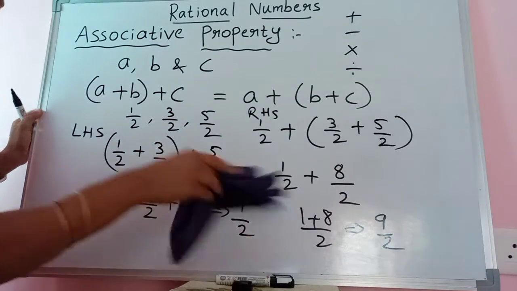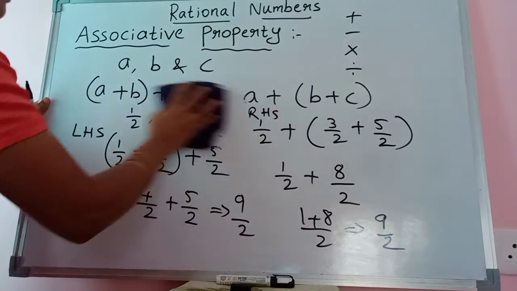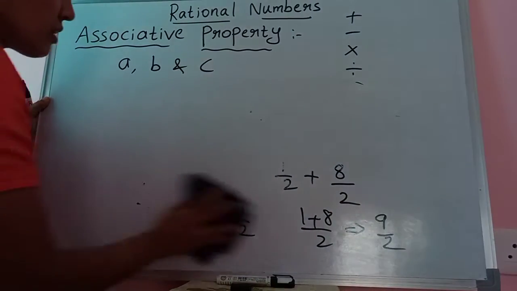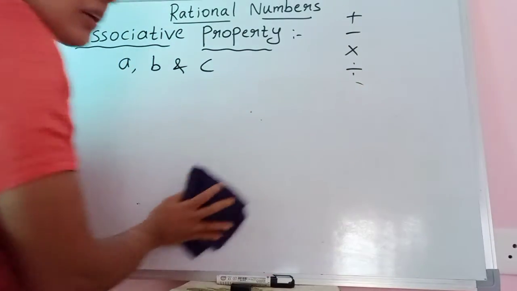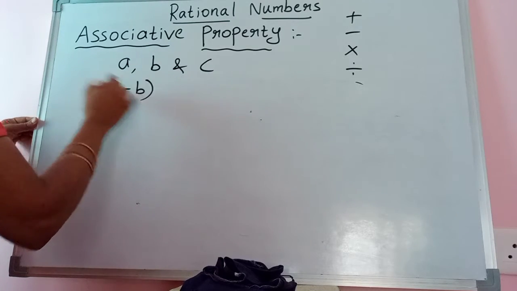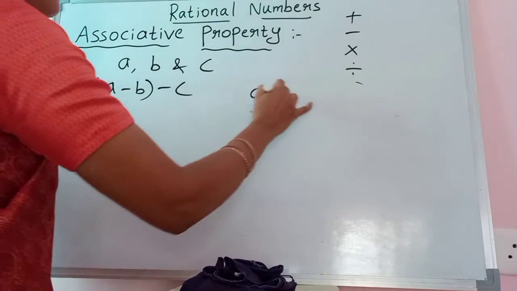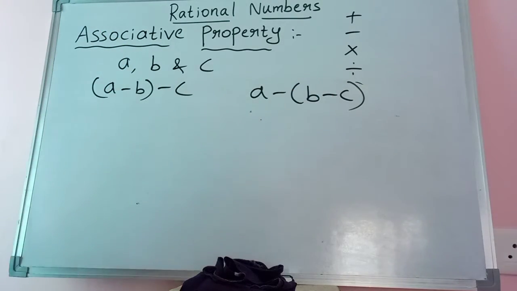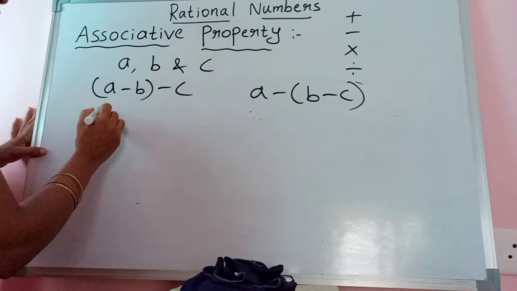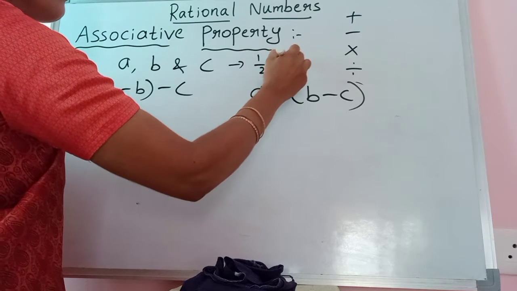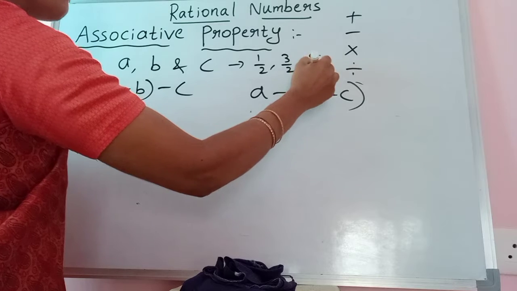Now next we see whether this property is there or not under subtraction. For any three rational numbers a, b and c, (a - b) - c and a - (b - c), whether these two are equal or not, we will check. Taking the same example for a, b, c: 1/2, 3/2, 5/2.